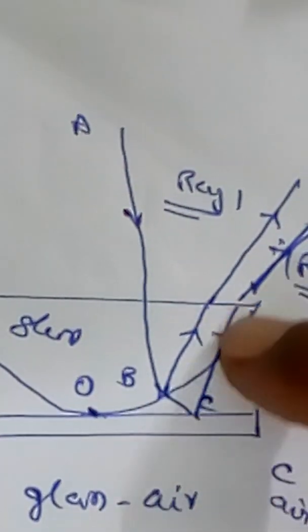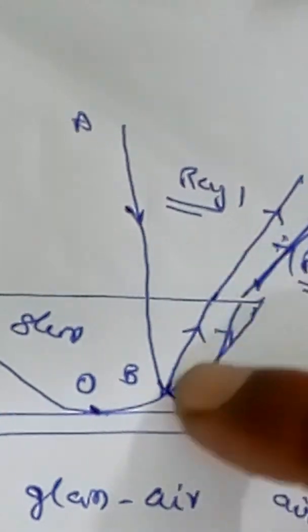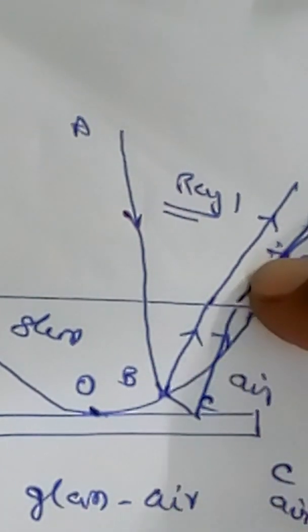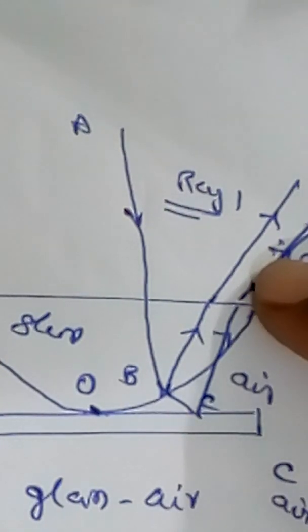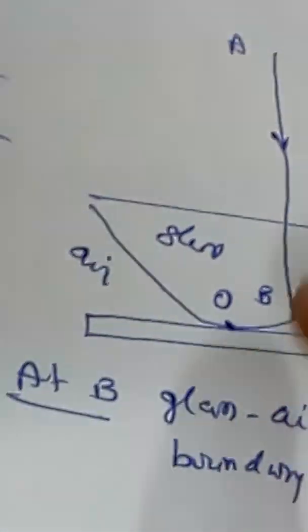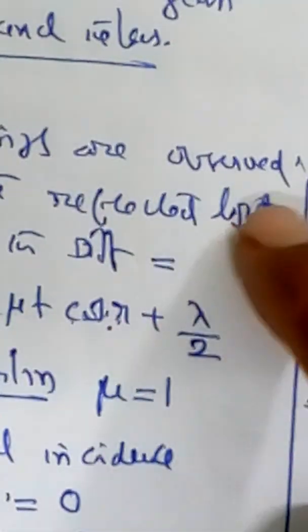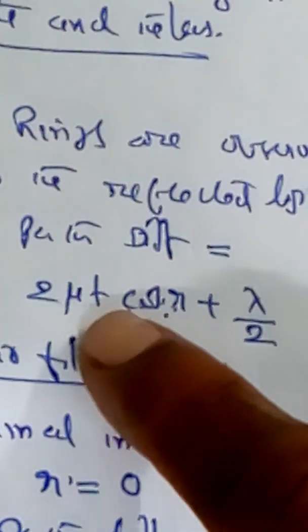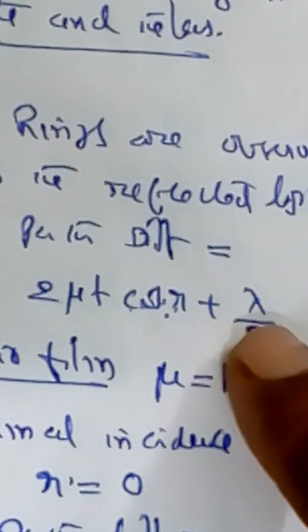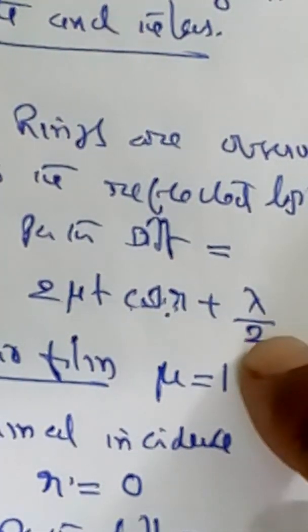So here you find an additional phase of pi. Phase difference pi means path difference lambda by 2. So that same thing we applied here. Rings are observed in the reflected light with a path difference of 2 mu t cos r plus an additional path difference of lambda by 2.